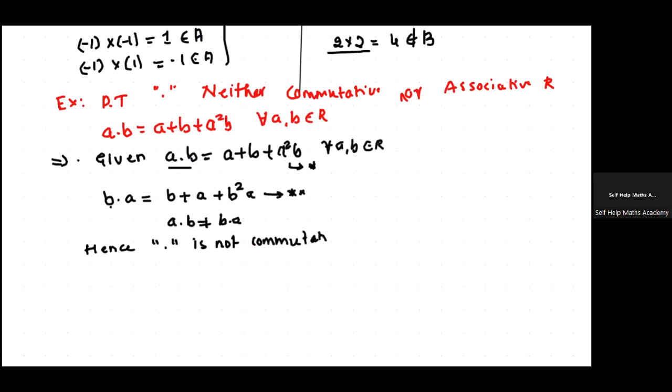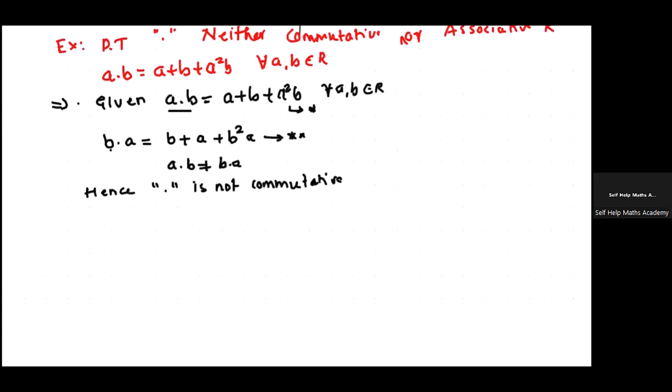So in order to check for associativity, we want to check (A dot B) dot C equal to A dot (B dot C). Here you need to check the left hand side and the right hand side, guys. Once they're equal, they're associative.